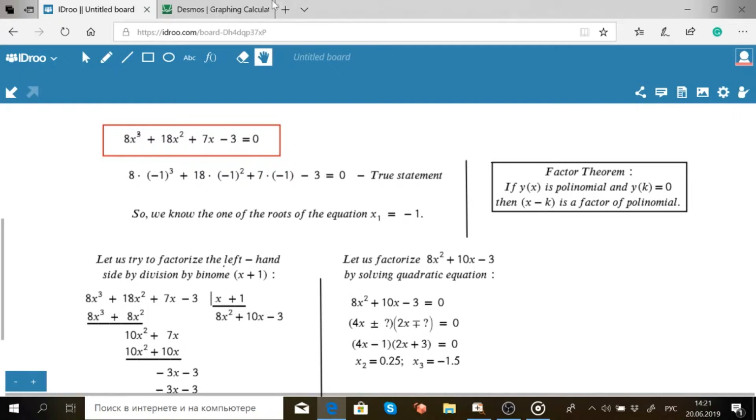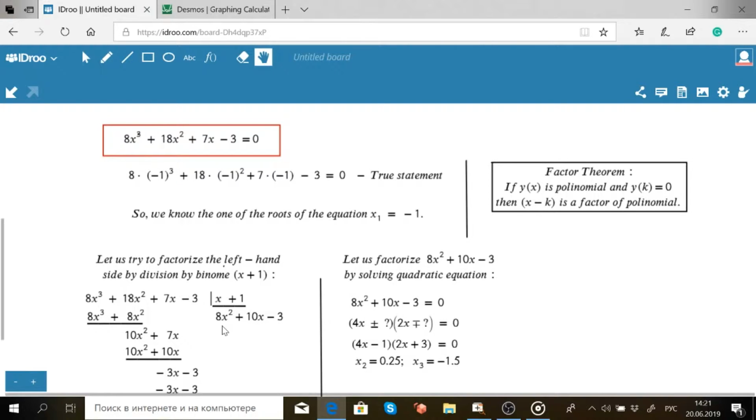The left-hand side is equal to the right-hand side. So, according to the factor theorem, the binomial x plus 1 is a factor of the polynomial. Let us divide by this binomial x plus 1, and we will get a quotient, the result of the division.